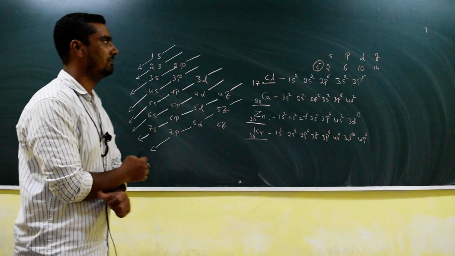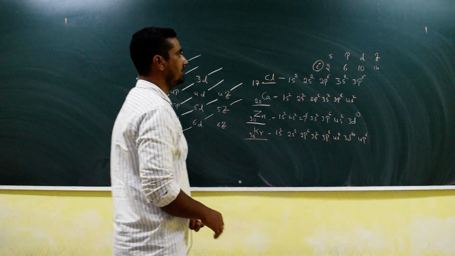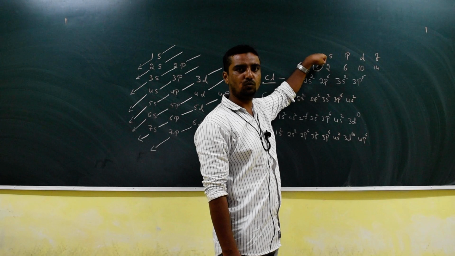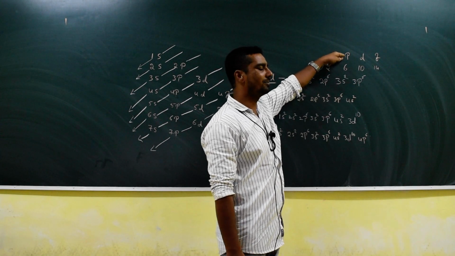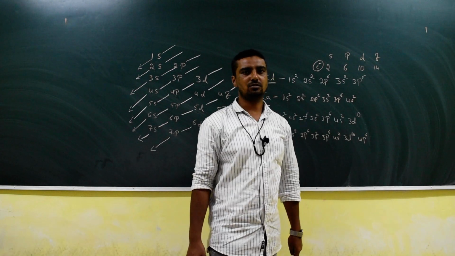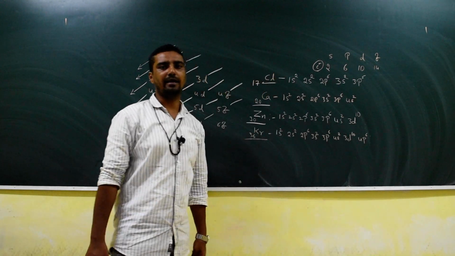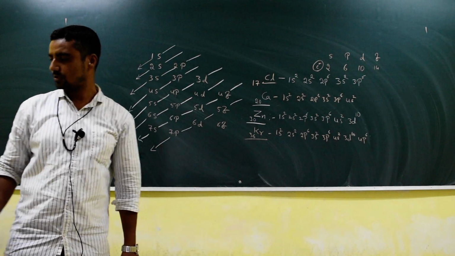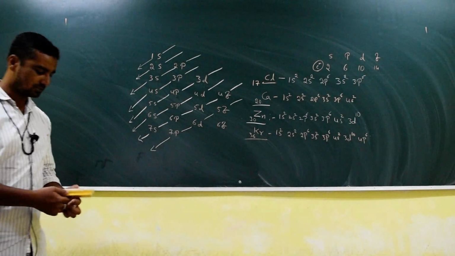This is a simple method, but we also have to remember the capacity of the s orbital is 2 electrons, the p orbital is 6 electrons, the d orbital is 10, and the f orbital is 14 electrons. Understood? Okay.